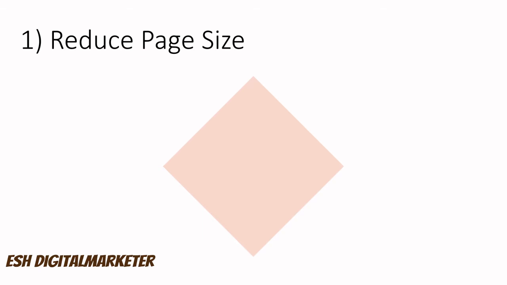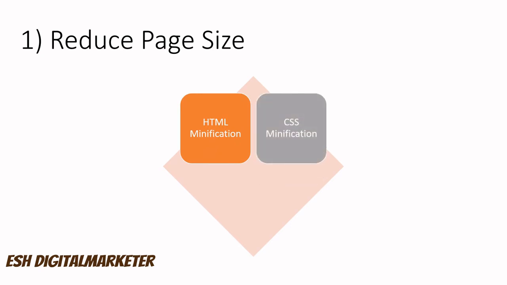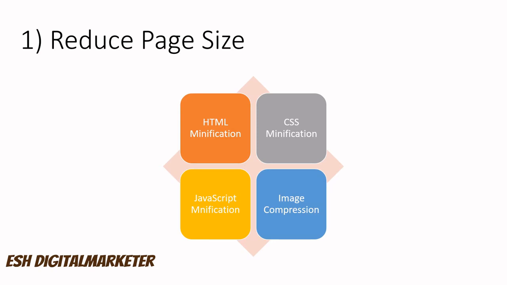So basically, the smaller the web page size in KBs, the faster it loads in the browser. Aim to keep your page size in KBs as much as possible. You have to do HTML minification, CSS minification and JavaScript minification, and along with this you should do image compression to reduce the page size of your website.